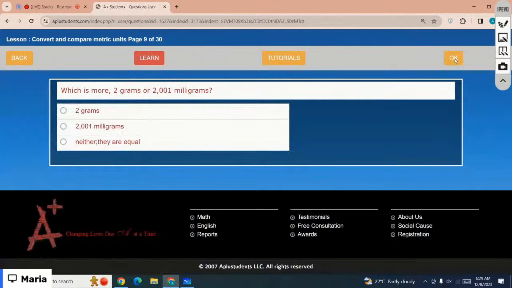Which is more, 2 grams or 2001 milligrams? The correct option is 2001 milligrams is more, right?